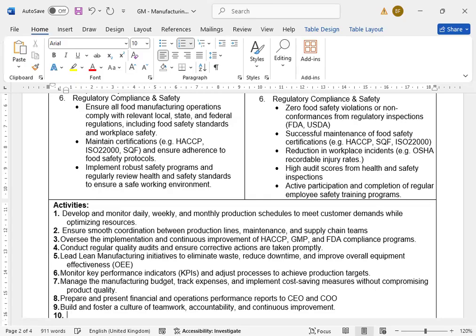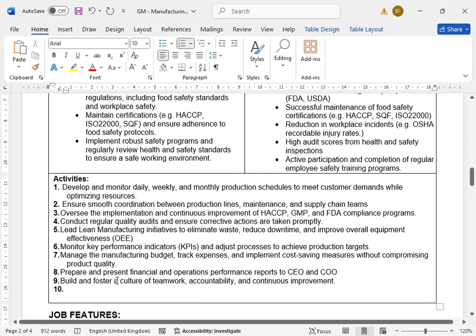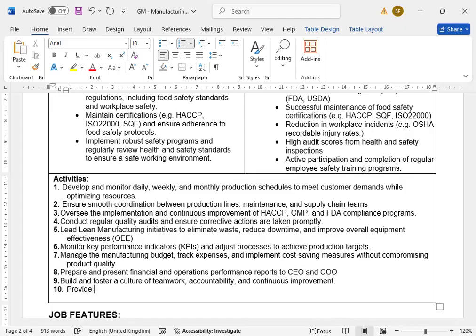Then, okay, I'm gonna add one more activity. The CEO will not say that this employee, this role is not doing anything. Right. So provide coaching, training, very important for employees. And I don't like companies that are not doing training for their employees.